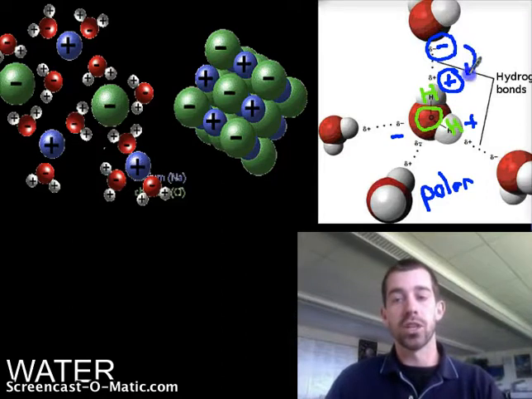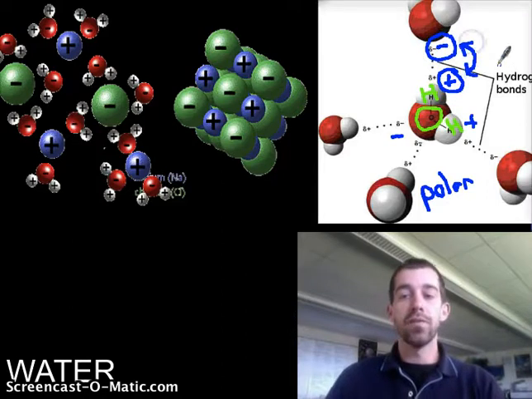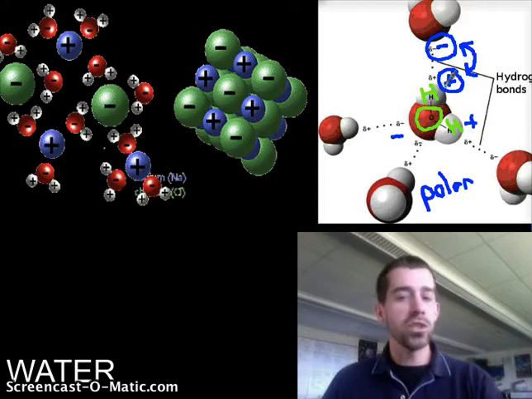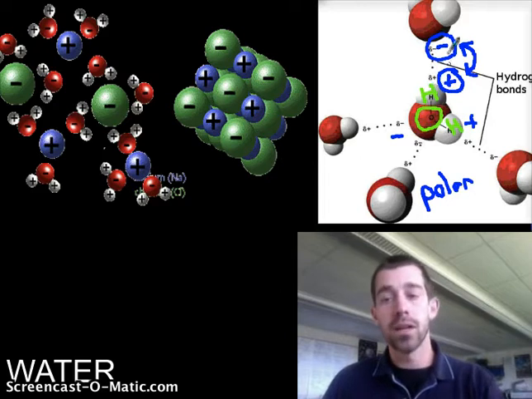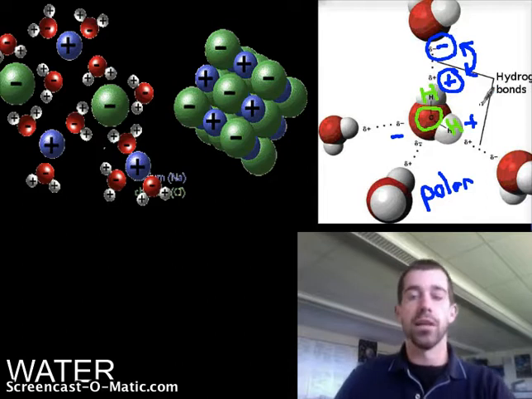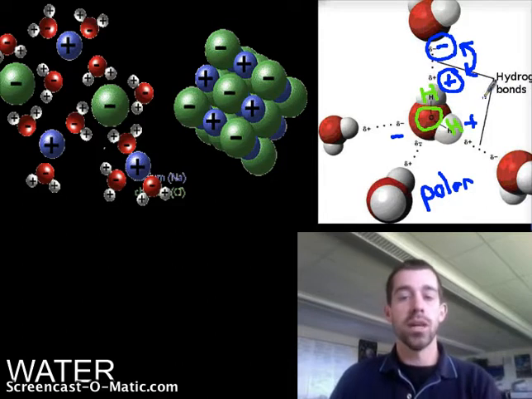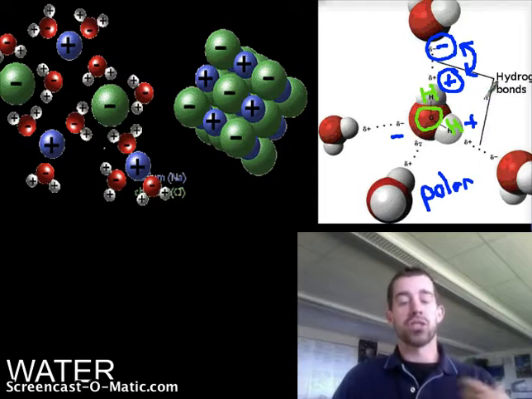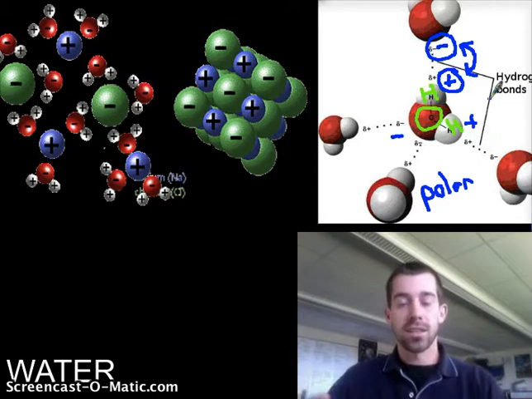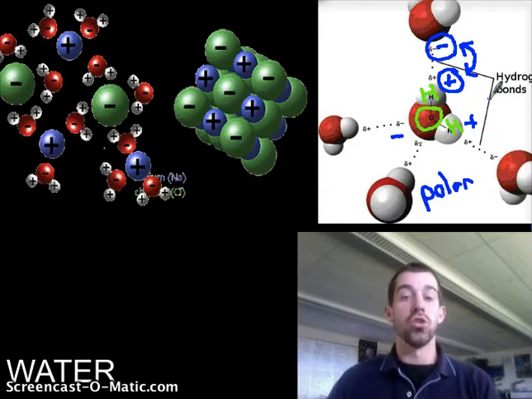They pull each other together, and they form a little bit of a bond. It's not a super strong bond, but it's a little bit of a bond, a little connection called a hydrogen bond. And because water readily forms these hydrogen bonds, when you put something into water, water will actually usually pull that solute apart and dissolve it.